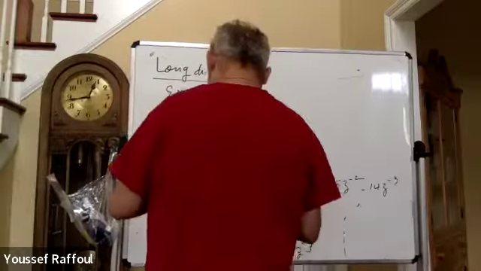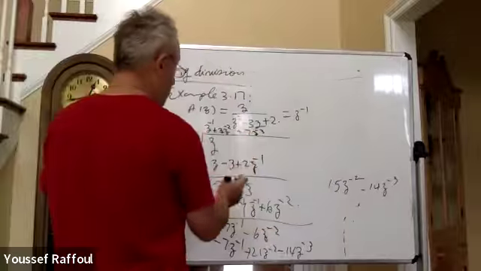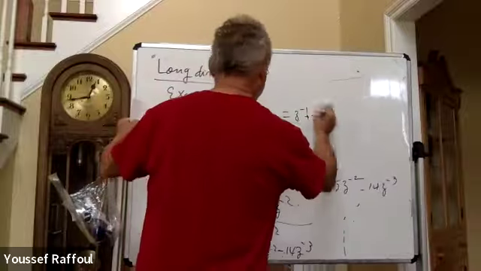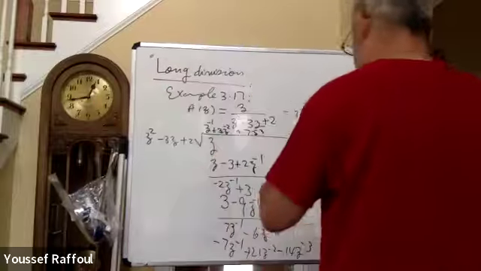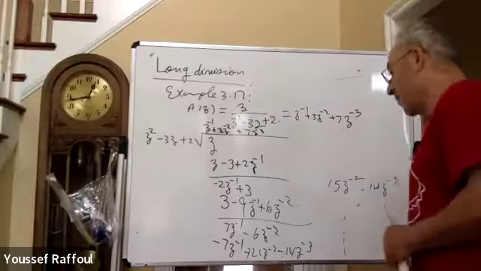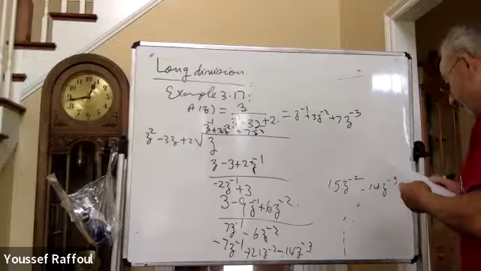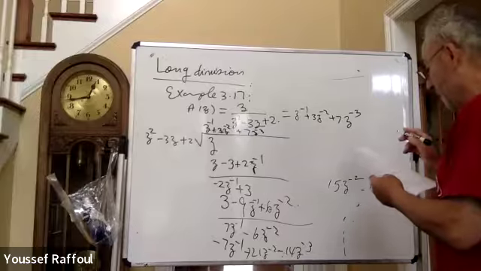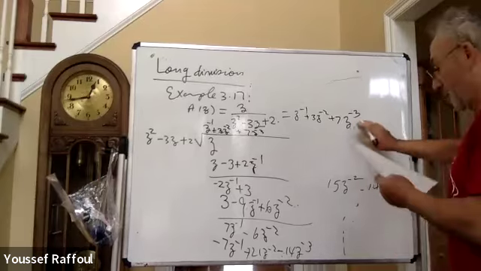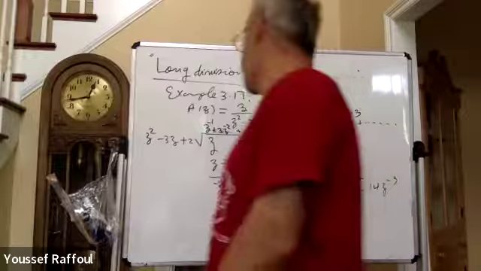So this is z to the minus 1, plus 3z to the minus 2, plus 7z to the minus 3, and you continue all the way, and you will continue with that.